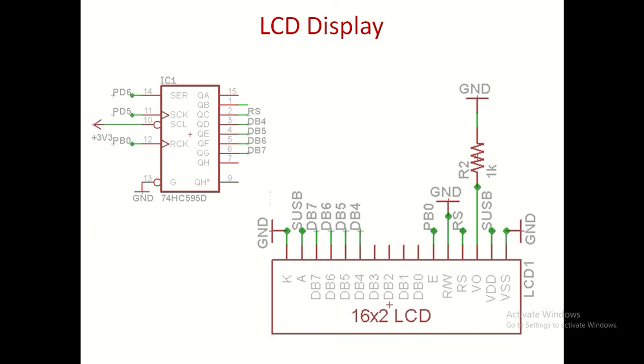But as I mentioned, here the resources are the biggest constraint. We have used a serial to parallel converter, a shift register, so that the data from the microcontroller comes through these PD5, PD6 pins, where it is converted into parallel form and interfaced to this parallel 16x2 LCD.